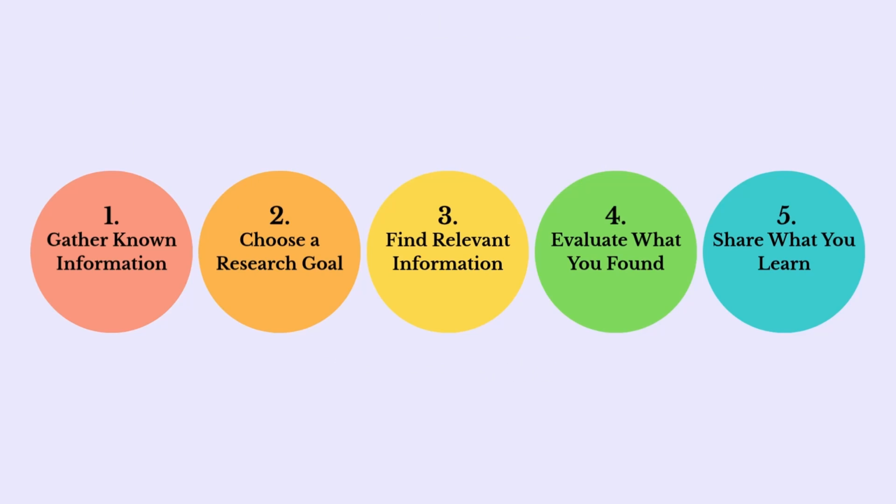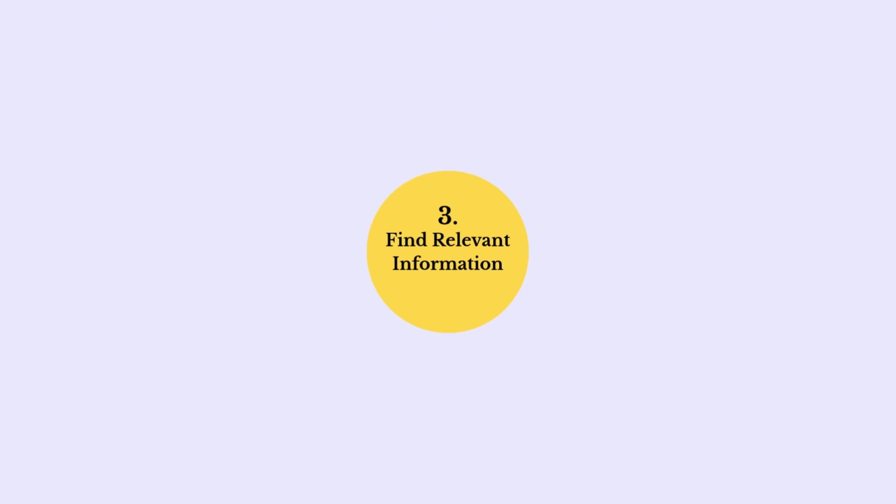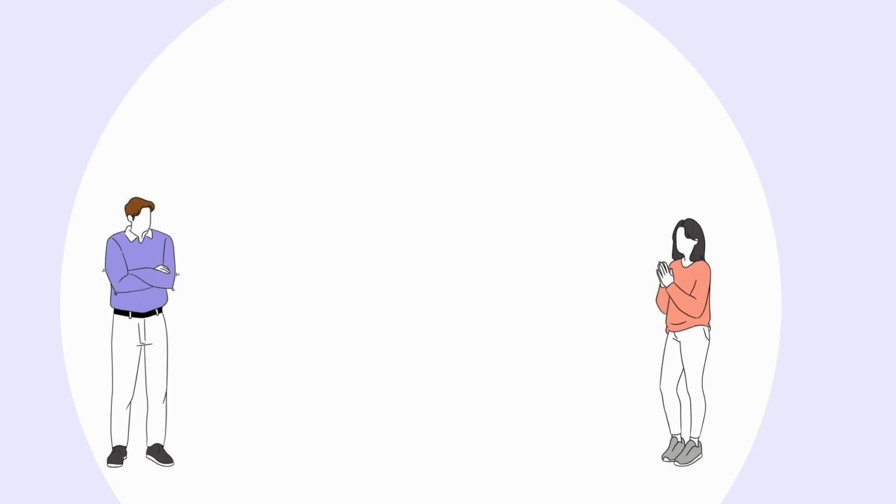The third step in the research process is to find new information. Finding resources can be tricky, especially when you don't have much experience in the area you're researching. But with our friend the internet, we can do much more than we could on our own. Returning to our example, your friend tells you that she has some family records, but she can't read the language they're in.